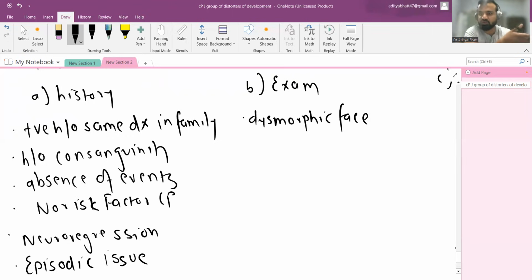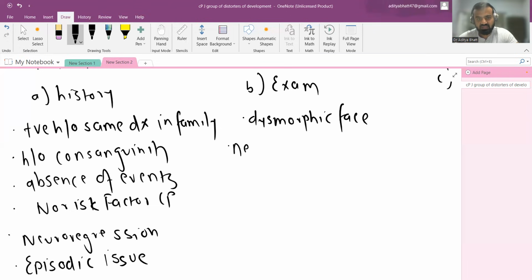If a Down syndrome child comes to you and his mother tells you that there was a history of neonatal resuscitation, the patient was intubated, the patient had seizures during birth, then you cannot say, okay, dysmorphic face, Down syndrome, it is not CP. No, it can be CP. For some reason, these patients have higher chances of CP, but you have to rule out the syndrome first.